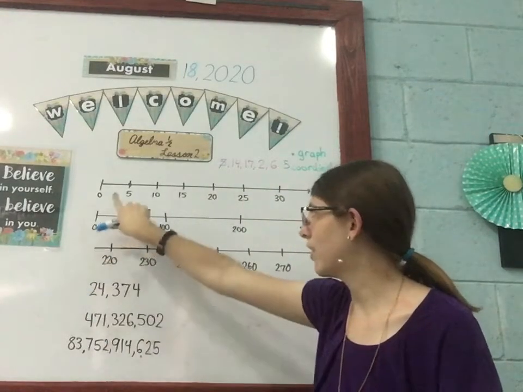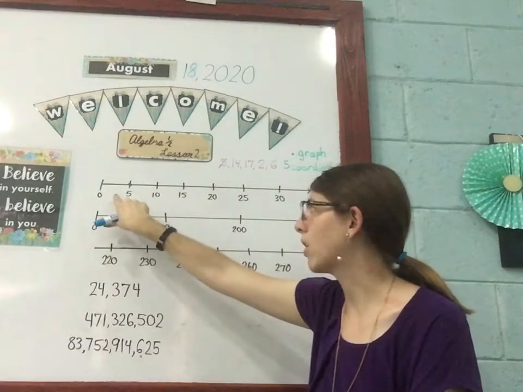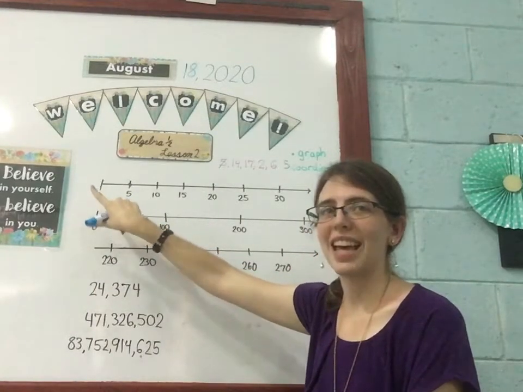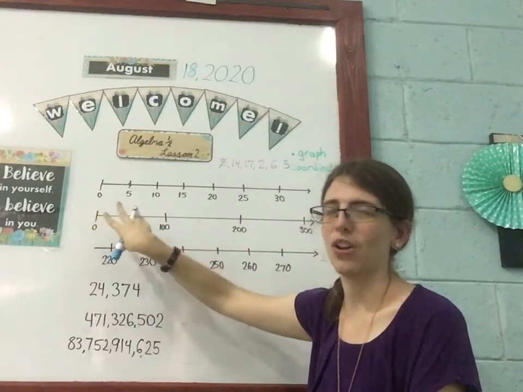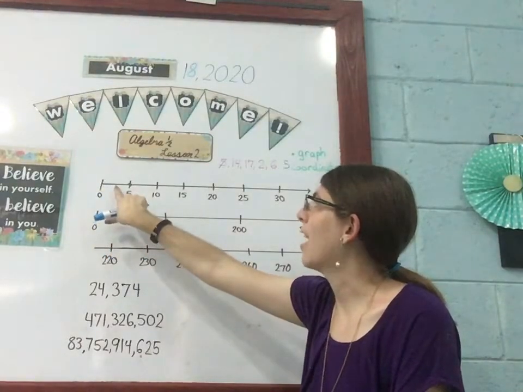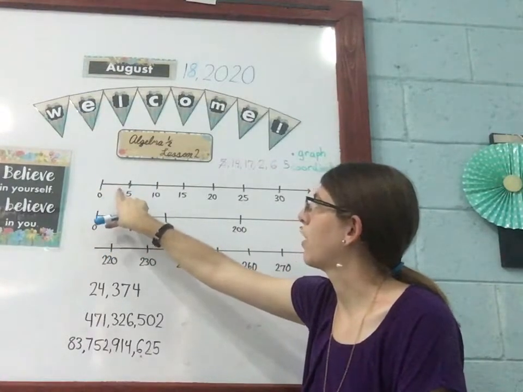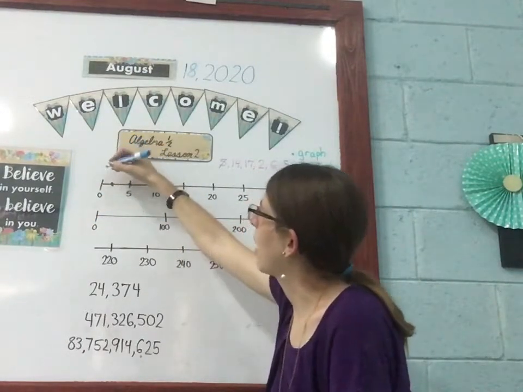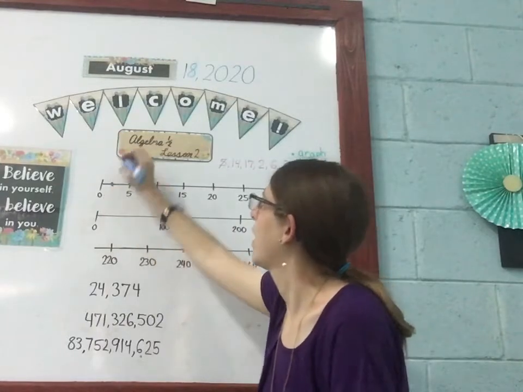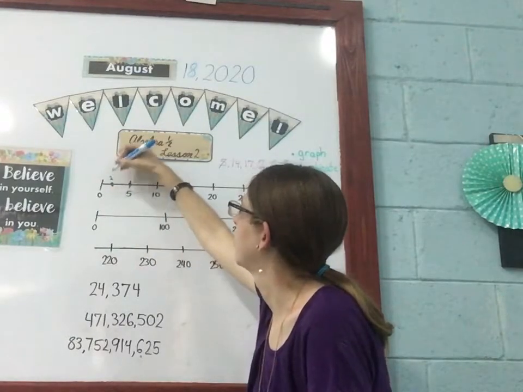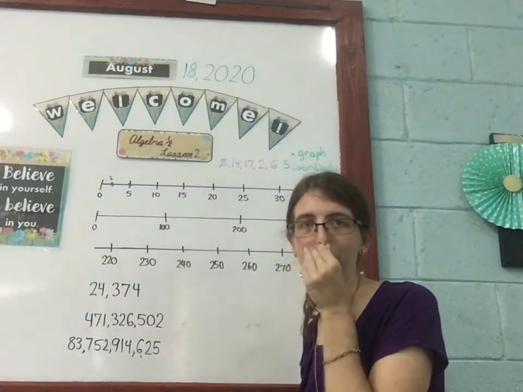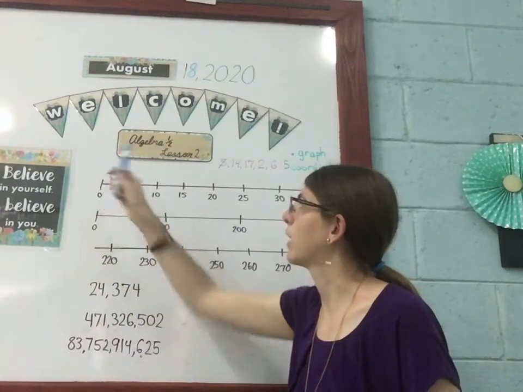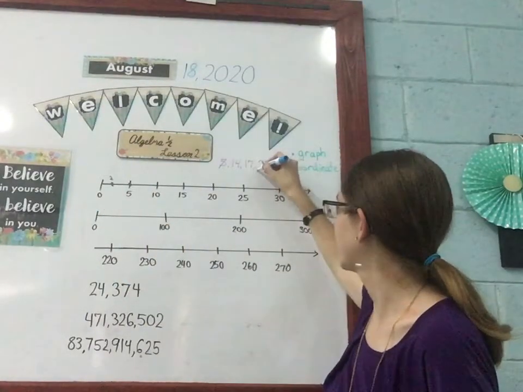Well, for 2, there is no specific mark on here, so I need to just estimate. I need to kind of guess where it should go. 2 is not quite in the middle between 0 and 5, but it's very close. So I put it somewhere around there. And then I'll just put the number 2 to show that that's what it stands for. So here's my graph and my coordinate. So I've just done 2.